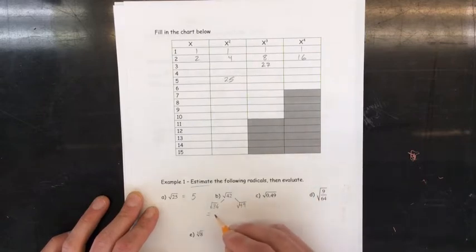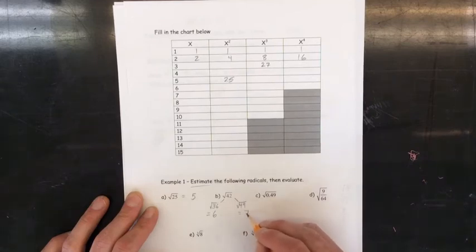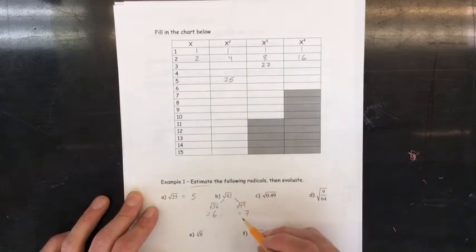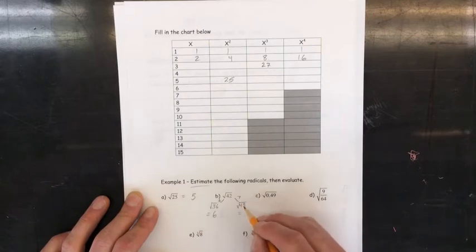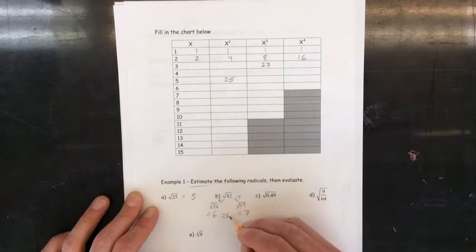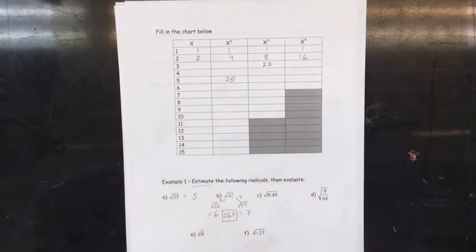The square root of 36 is 6, and the square root of 49 is 7. Well, it's somewhere in between 6 and 7. So we're 6 away from 42 here, and 7 away from 42 there. So we're a little closer to 6. So if I was to estimate, I would say about 6.4.